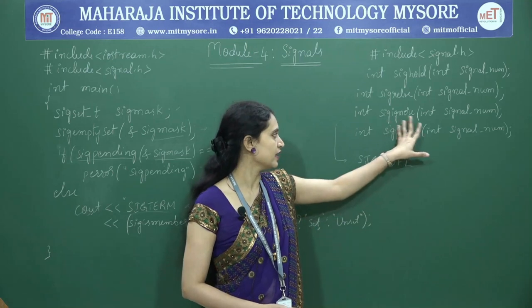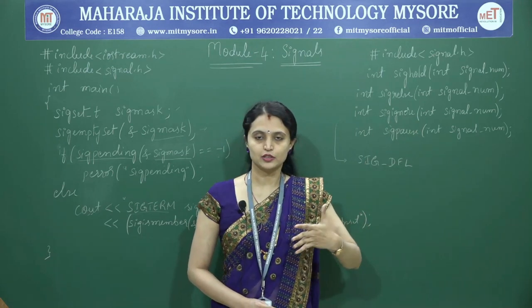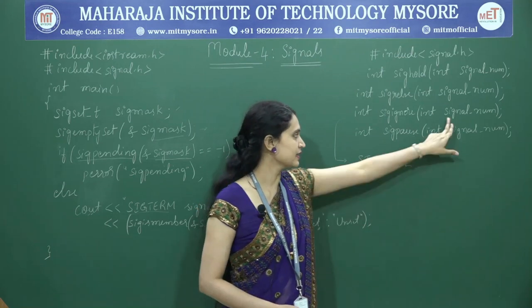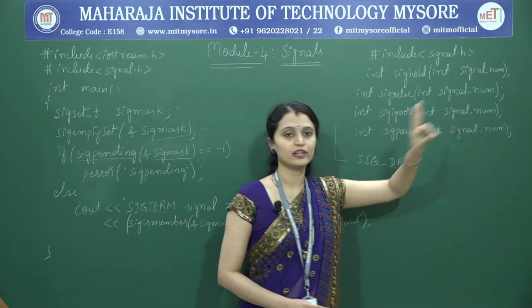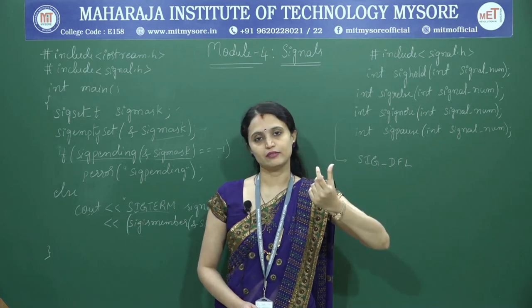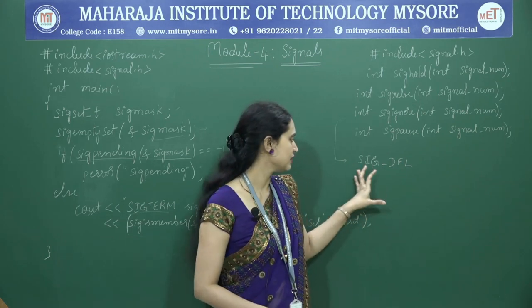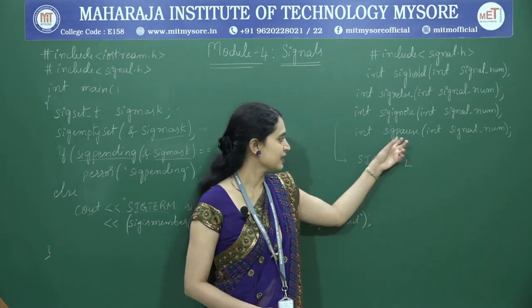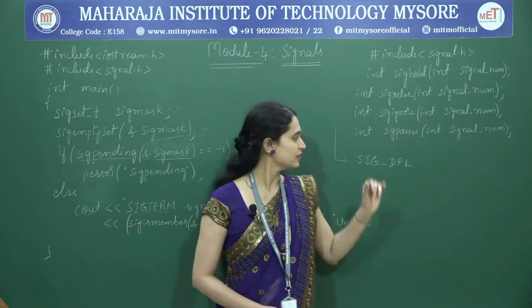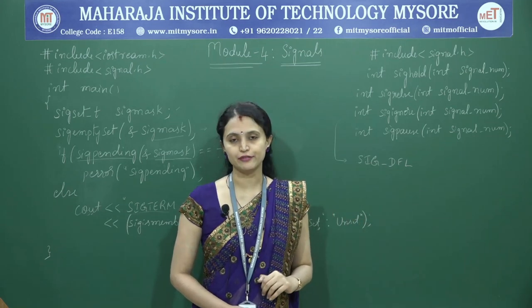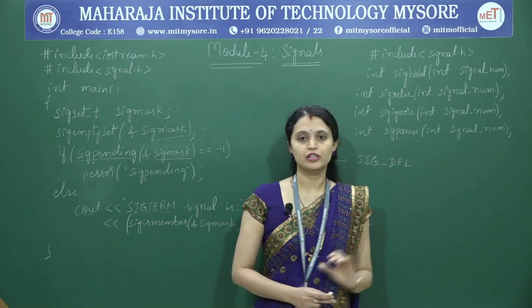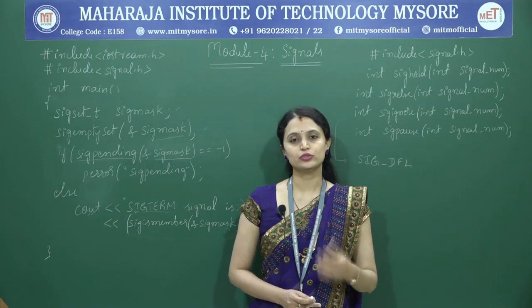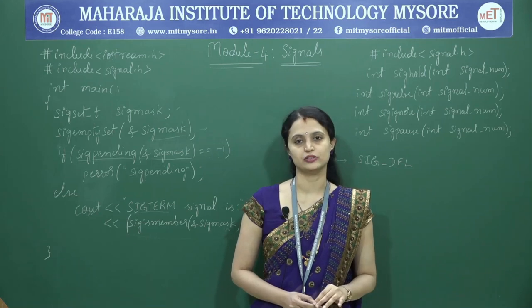So in the SIGIGNORE API, what is happening? If this API is invoked, the signal that is identified by the signal_num will be converted with the manifest constant SIG_DFL, okay. So last one, SIGPAUSE. Here the particular signal that is identified by the signal num will be executing a user defined signal handler function, okay.